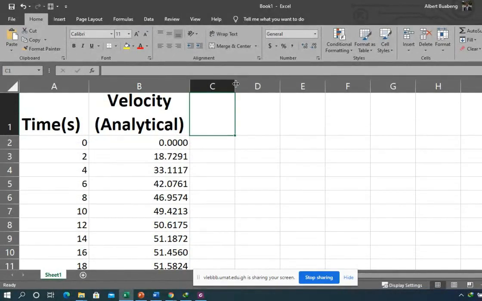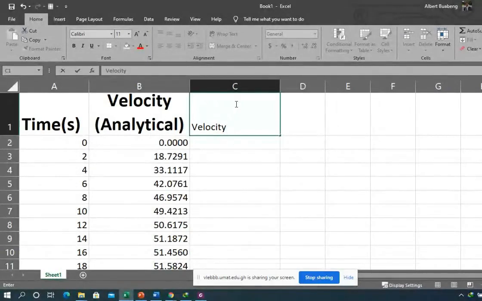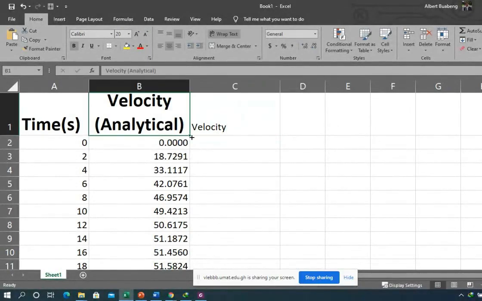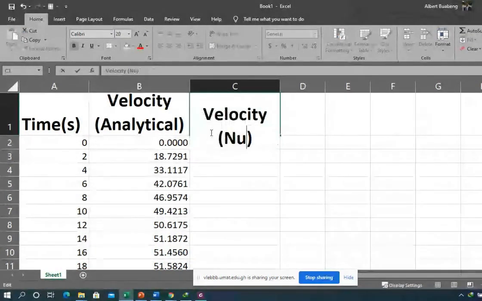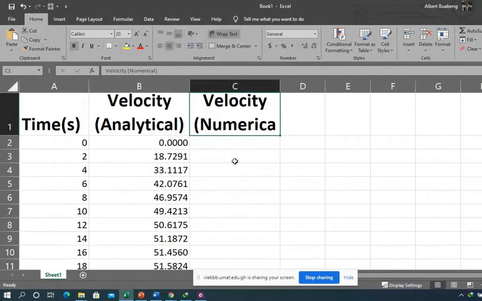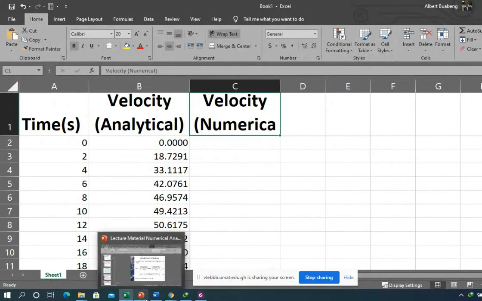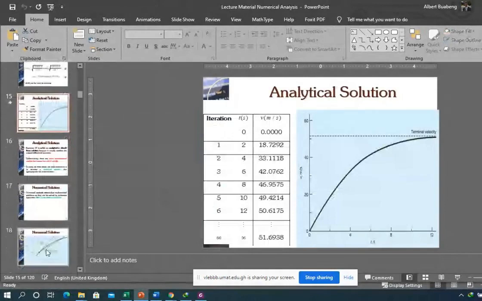Now let's do the same for the velocity. In this case, we'll be using the numerical approach, so we call this numerical. With this, let me just copy the function in the meantime.